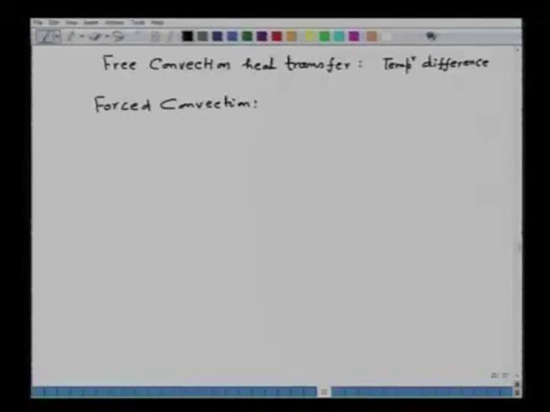Now, say heat transfer by free convection. Based on the results of several experiments, this empirical constant, the heat transfer coefficient, has been determined and reported in the form of several correlations.